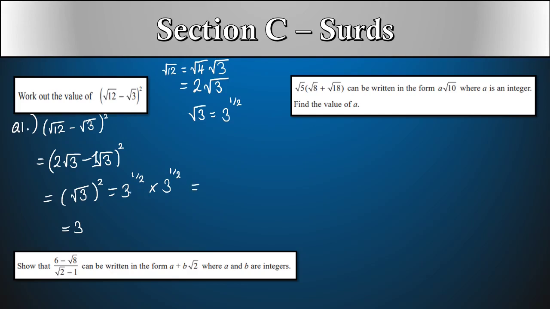Remember, when we're multiplying with the same base, so we've got 3 here, we've got 3 here, all we do is add the powers. So what I get now is 3 to the power of a half plus a half. A half plus a half is just simply 1. 0.5 plus 0.5 is 1. So what I get here is 3 to the 1, which is equal to 3, which is what we got here.